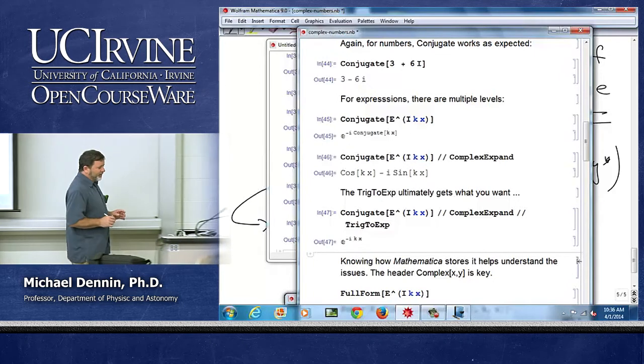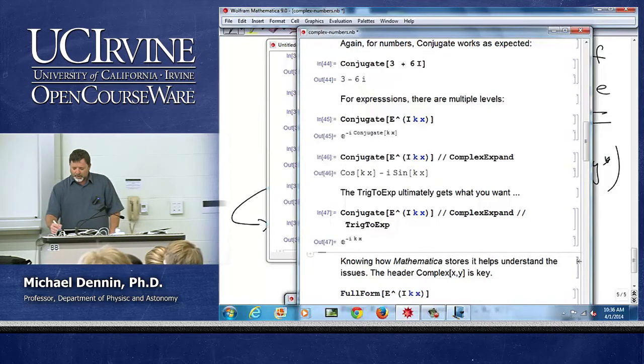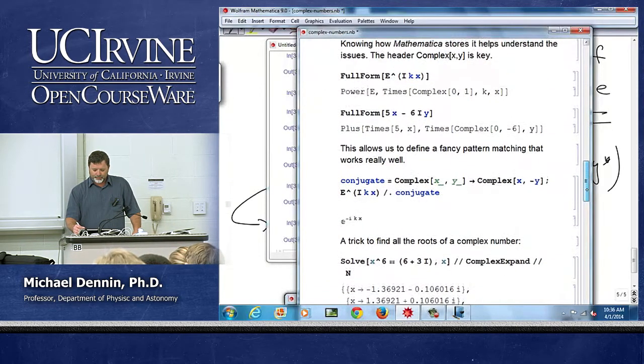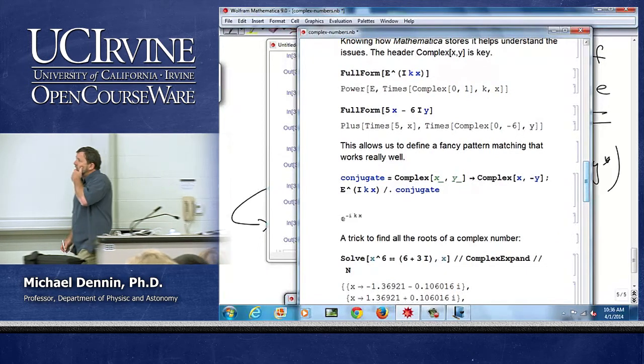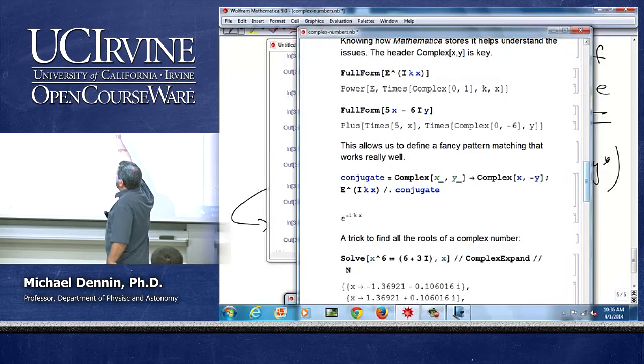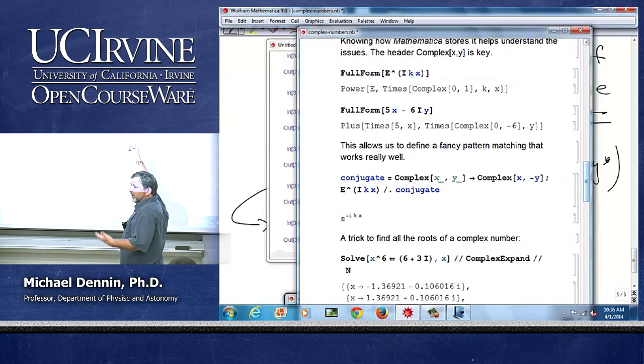Now, if you want to get really fancy, and this is something you may want to go back to, I'm not going to execute these, but I'm going to show them to you. A lot of these tricks come down to the idea of how Mathematica keeps track of things in its actual root memory. And you can find that out by using the command FullForm.